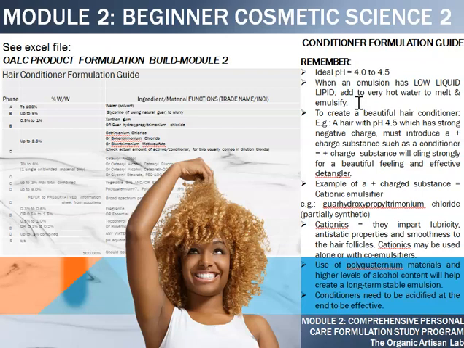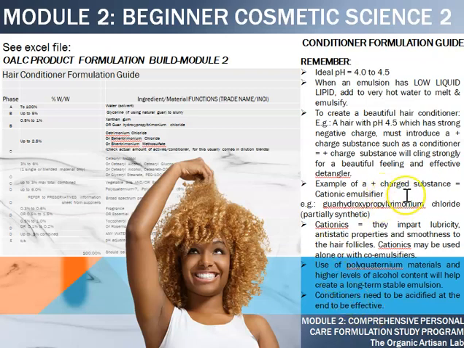To create a beautiful hair conditioner, hair with a pH of 4.5 is actually negatively charged, so you must introduce a positively charged substance such as a conditioner, so that it will cling strongly to our hair shaft for a beautiful feeling and effective detangling.